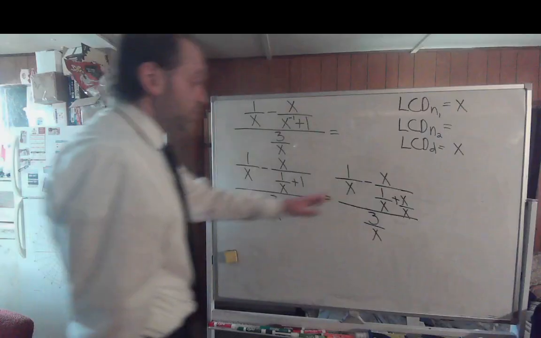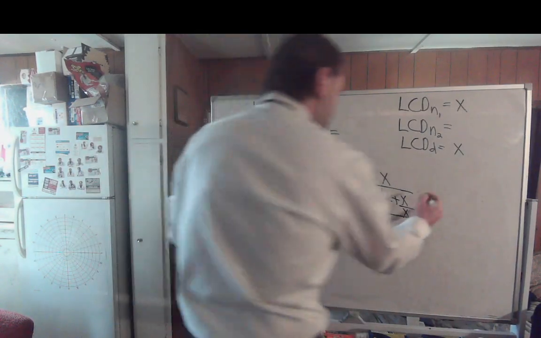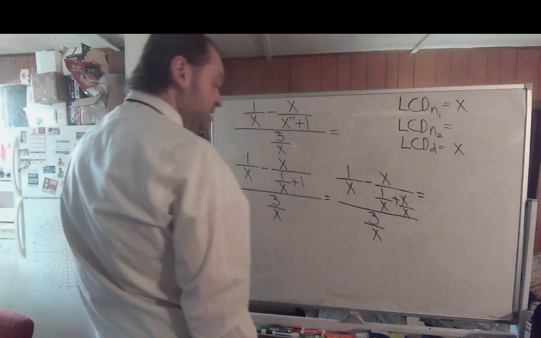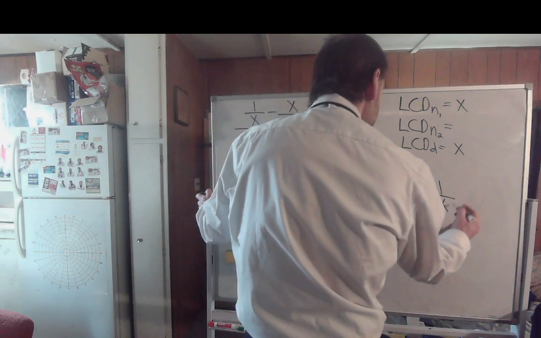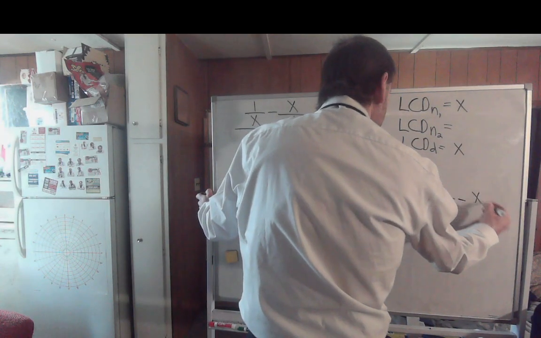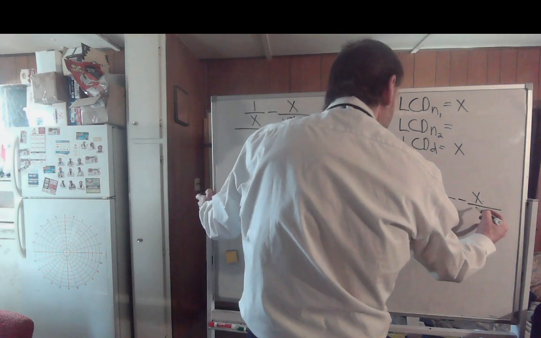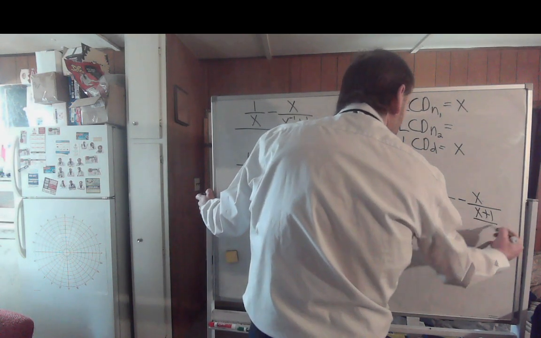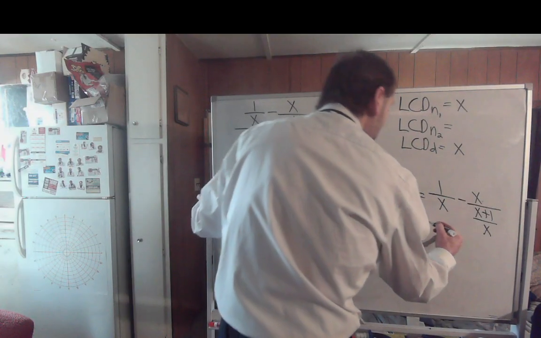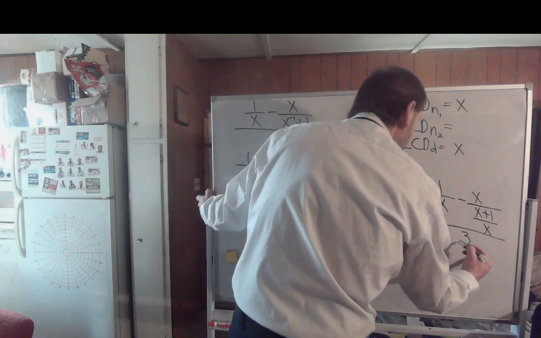Now, let's just focus on the second term here, right? What's this going to become? This is going to become 1 over x minus x all over x plus 1 over x, all over 3x. All right.